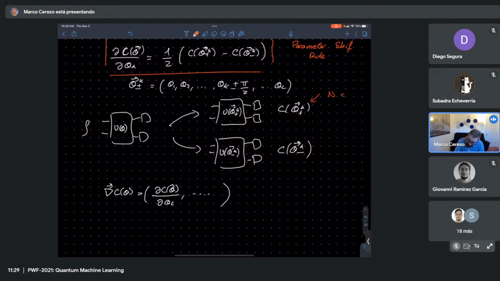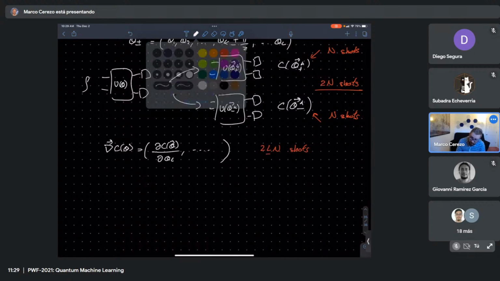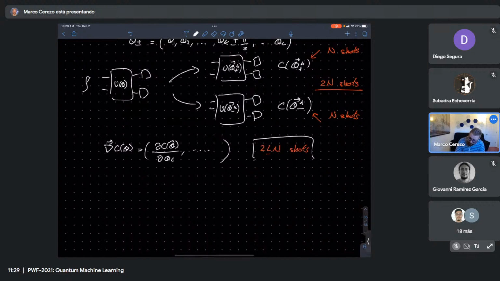And say that I have here n shots. Here I have n shots. So the cost of each partial derivative could be 2n shots. And if I have L parameters, this has a cost that is 2 times L times n shots, because we have 2n shots per parameter and we have L parameters. So the total number of shots to estimate the whole gradient is 2Ln.